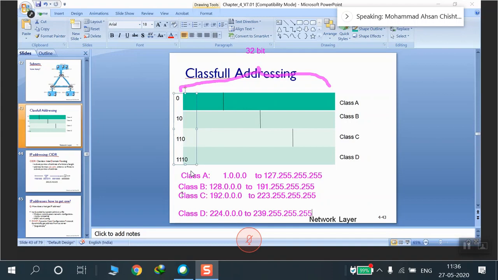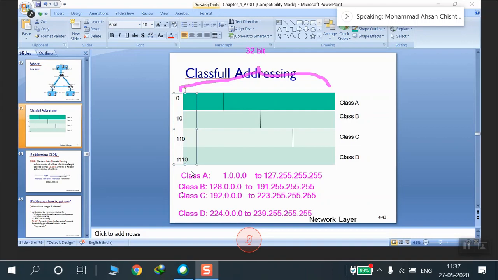Thus, if we take the first class, class A, how many networks can we have? It says the first 8 bits are used for the network part.